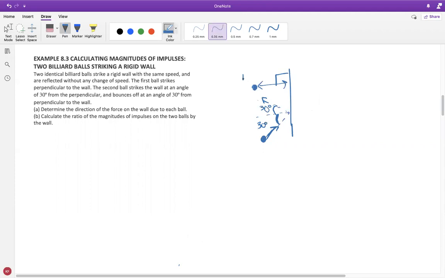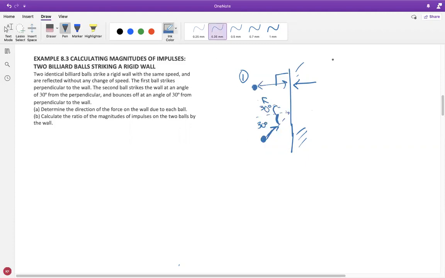But looking at our first ball, the ball is hitting straight towards the wall. Okay, so that means that the force that our wall is putting on the ball is going to be in the opposite direction that it was hit.